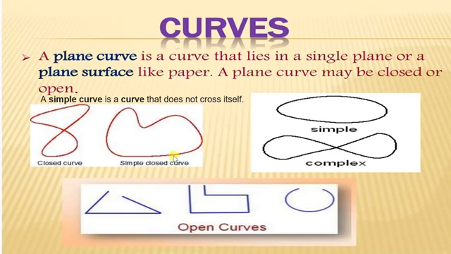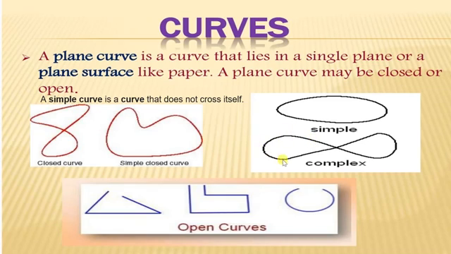And these closed curves can further be categorized as simple or complex. Like this curve is a simple curve because it does not cross itself. A simple curve means a curve which does not cross itself.